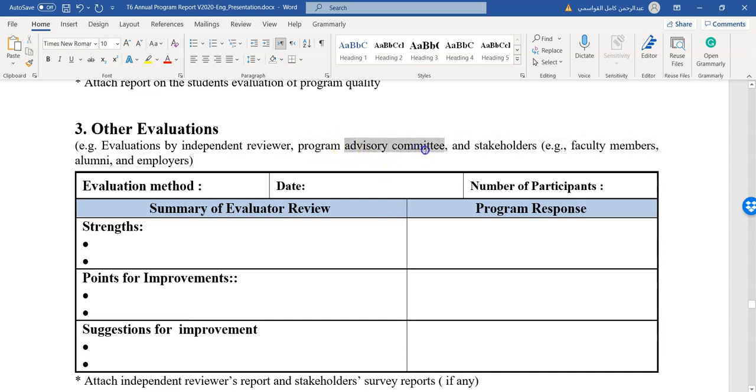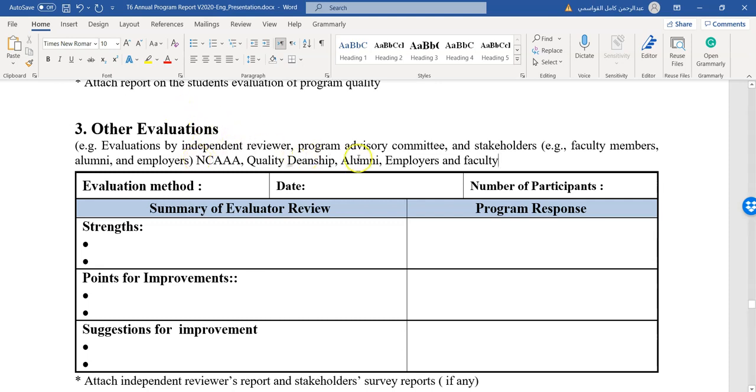Usually every year you have advisory committee, so you have feedback from the advisory committee. Stakeholders, of course, from alumni, employers, students, and faculty members. See, independent reviewer also we have in this year from NCAAA. We have from quality deanship. We have from alumni, employers, and faculty.